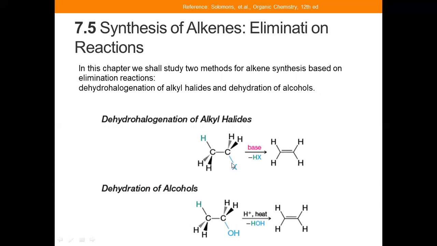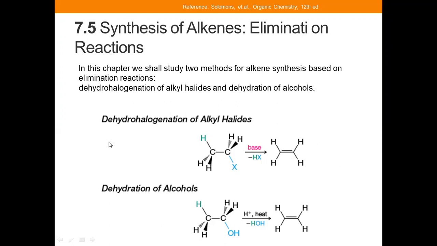For alkyl halides, you have your leaving group, your halide, and your adjacent beta hydrogen, which are eliminated as HX with a base to form your alkene. For the alcohol, you have your OH, water is being eliminated, and you form an alkene here.